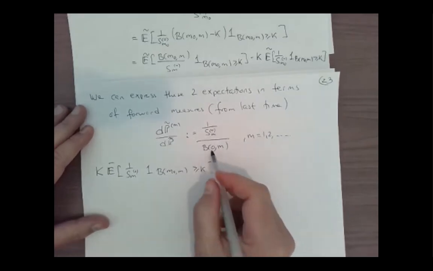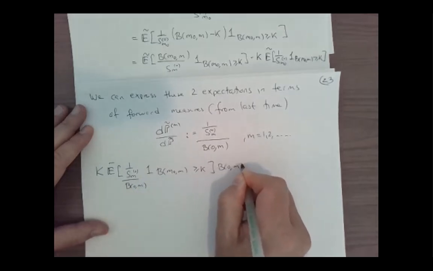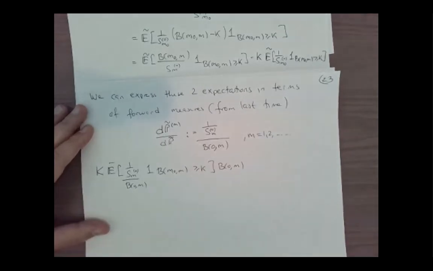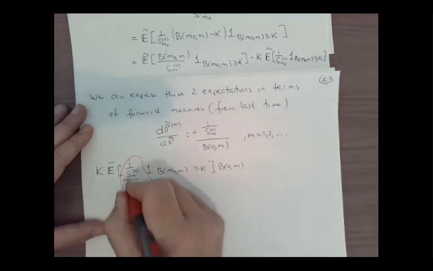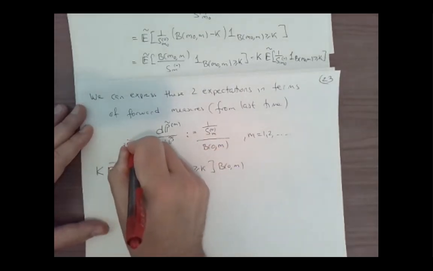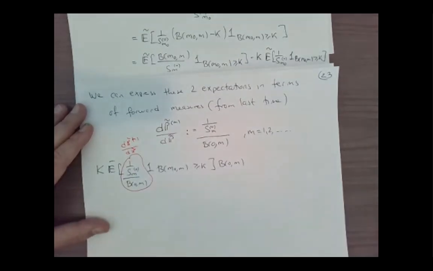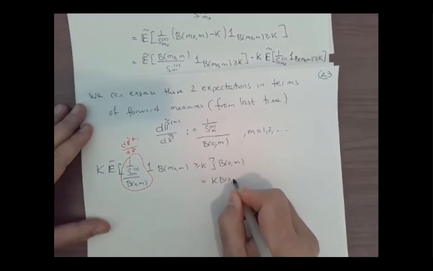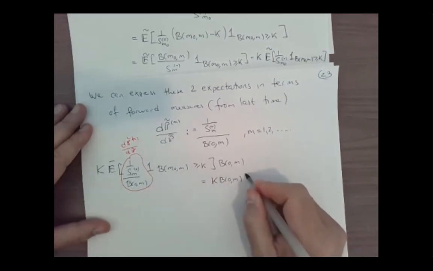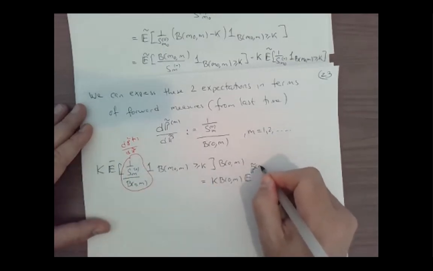All I need to do is divide by the zero coupon bond. And then of course I'll have to multiply out with the zero coupon bond. And by doing that, I get that this term here is exactly the Radon-Nikodym derivative, dP tilde M over dP tilde. And so I'm stuck here with K times the zero coupon bond times the expectation, not under the tilde measure, but under this forward measure.